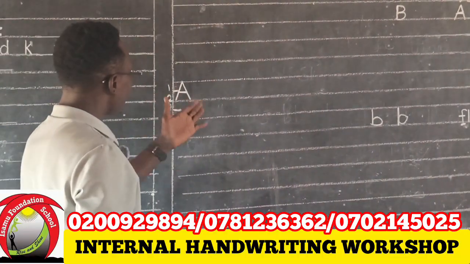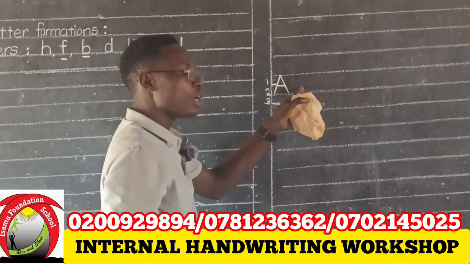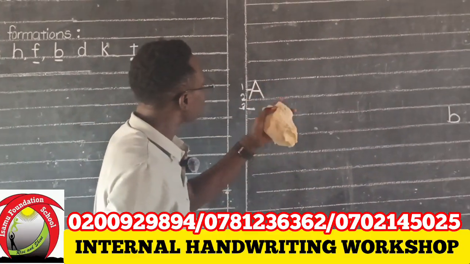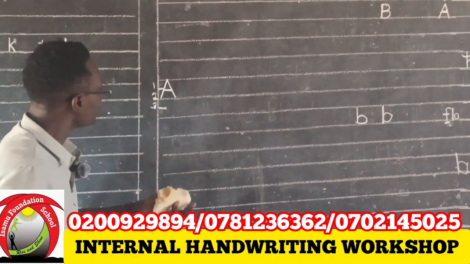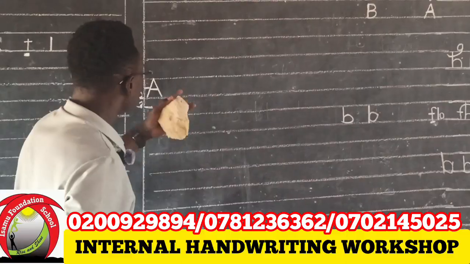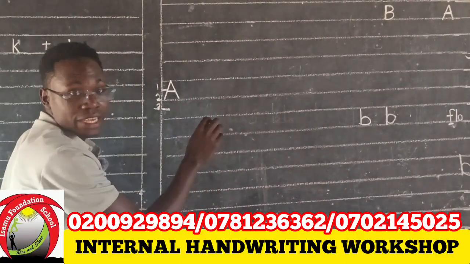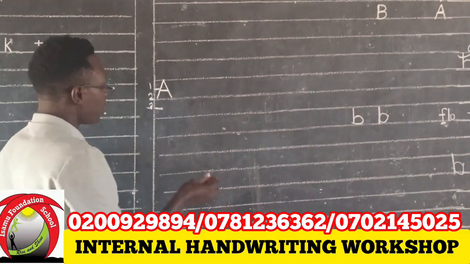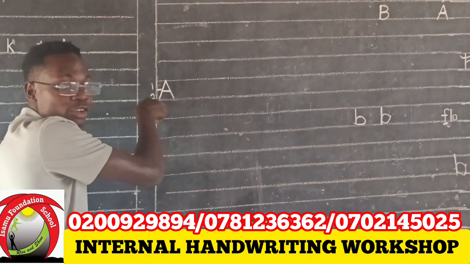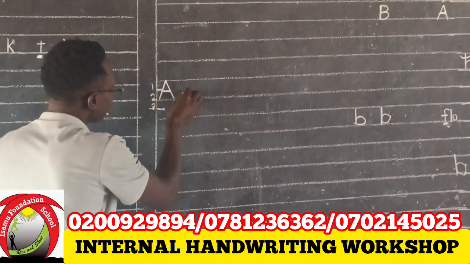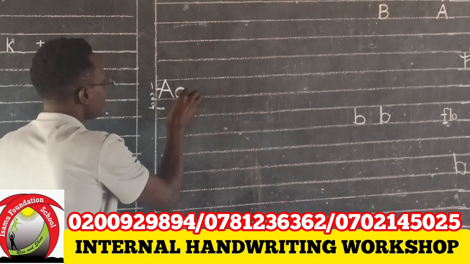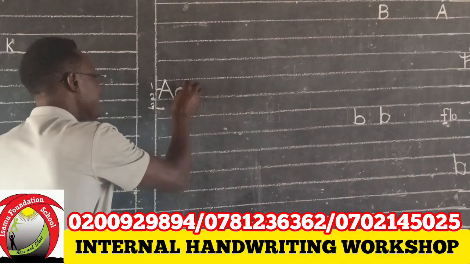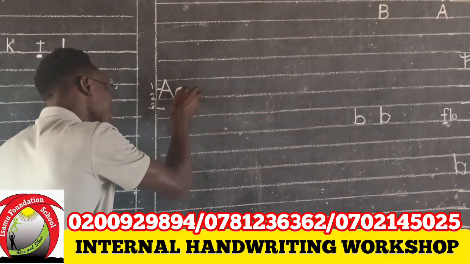Then we have small letters, which we normally call lowercase letters. A small letter is going to occupy the second line, which is a circle and a short standing straw, exactly on the line.